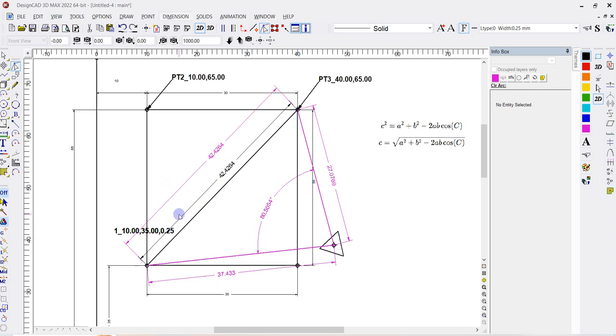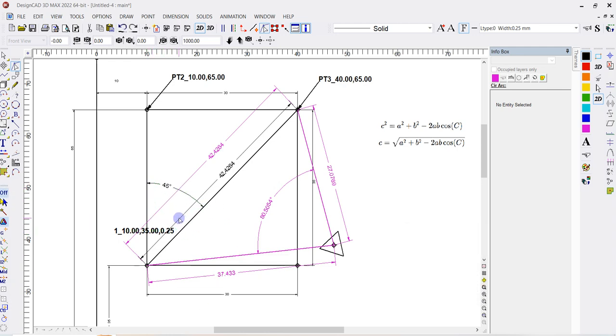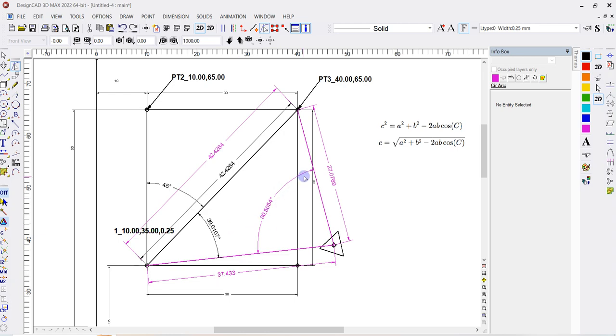And then this one is calculated. So we have side angle. The sine of this divided by this will give you a number that is equal to the sine of this divided by that.